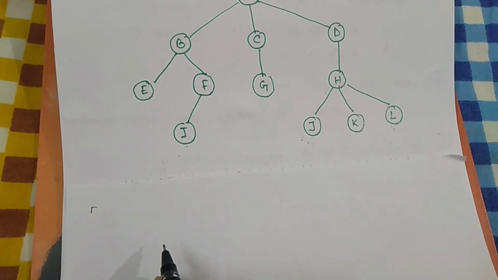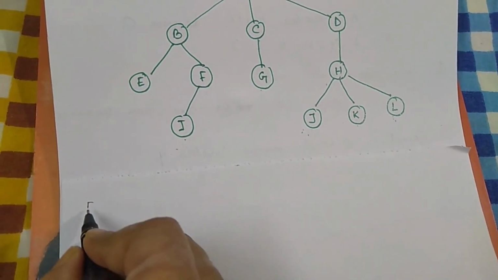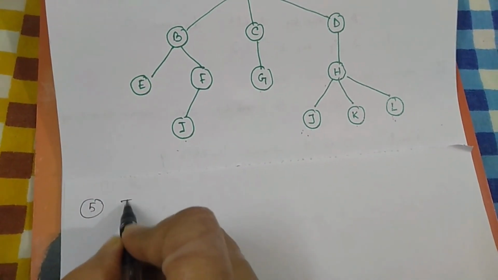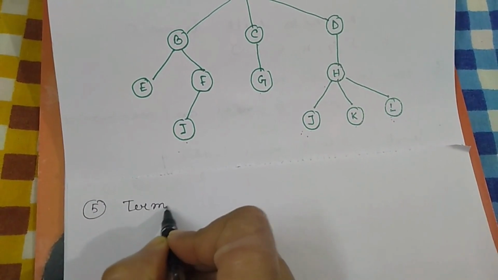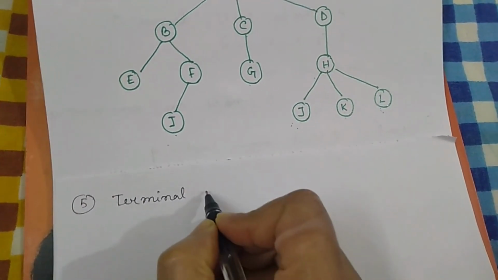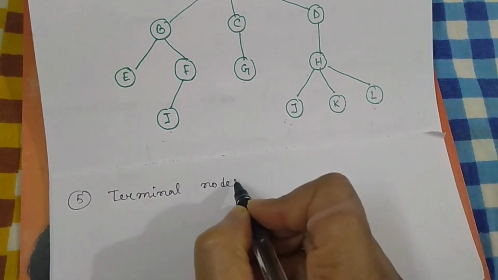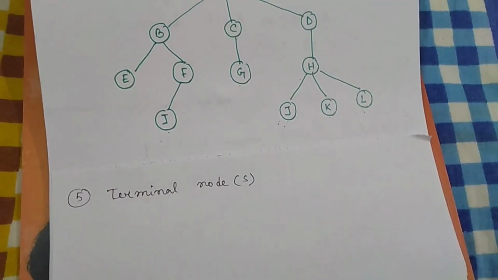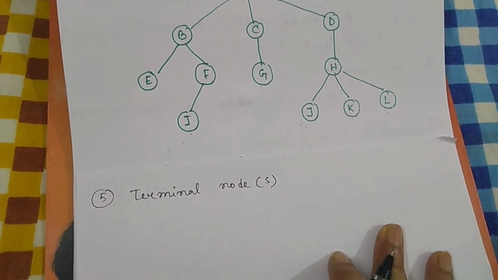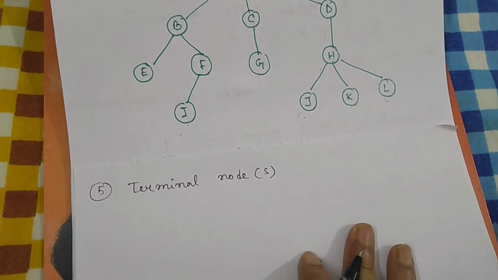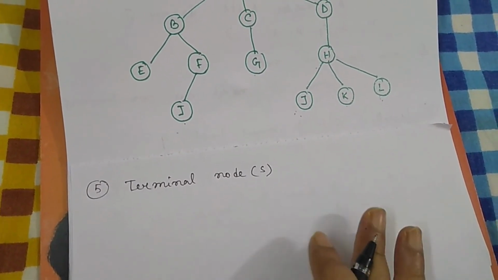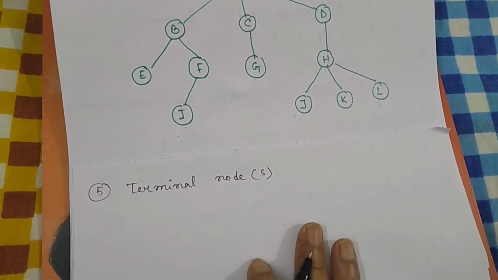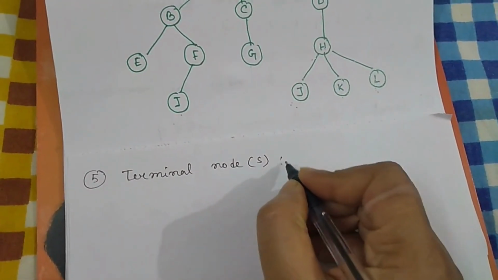The next important topic is terminal node. So what is a terminal node? Basically, a node with degree 0 is called a terminal node or leaf node.